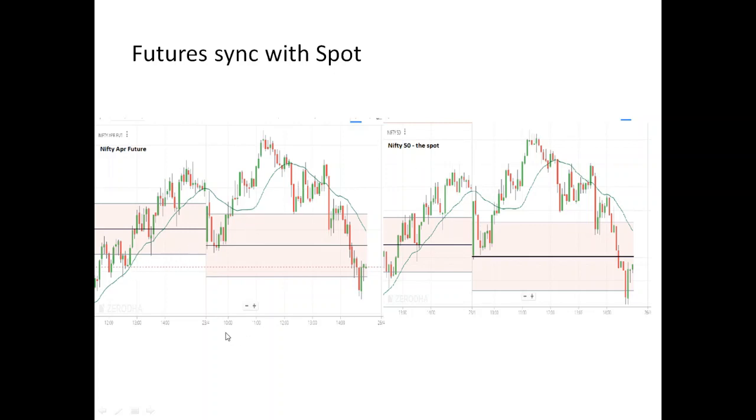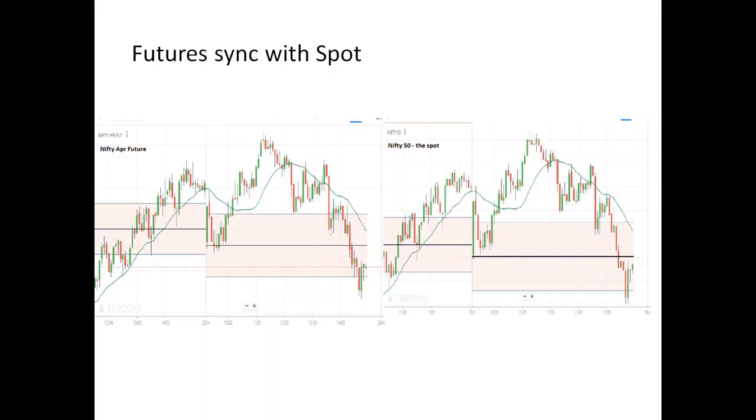Both of them on 23rd April are almost the same. Here and there, you can make out little bit of differences. This graph and this graph mimic each other. We can open the spot graph and trade the future, right?